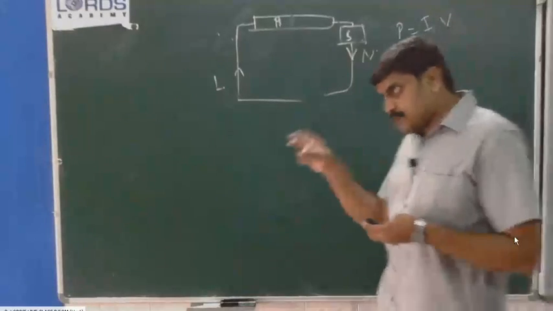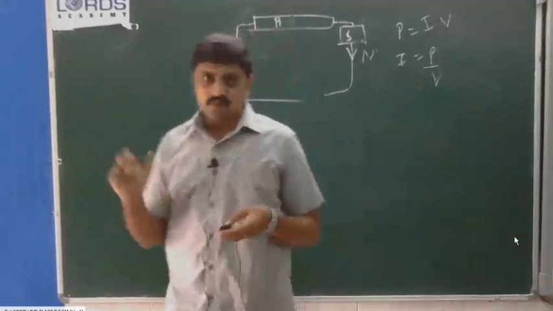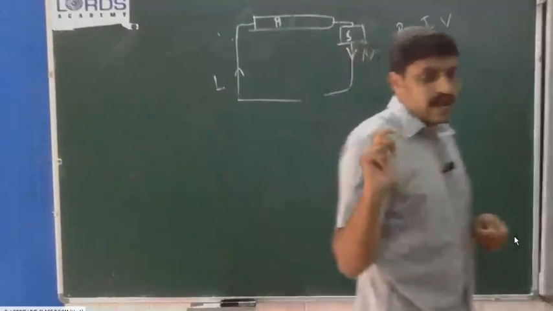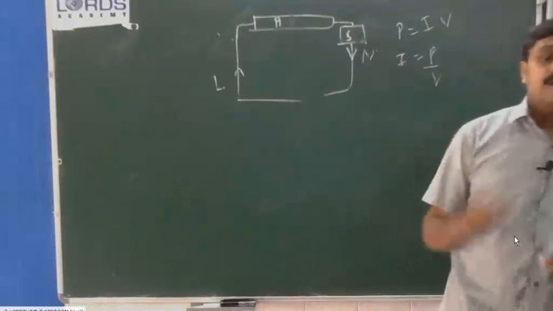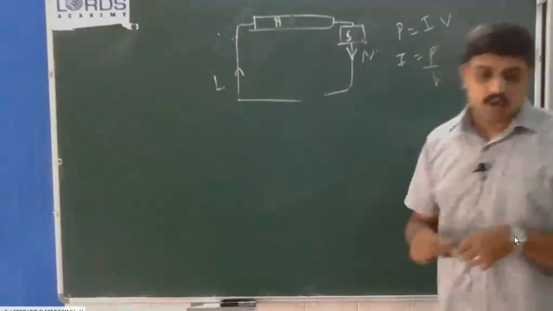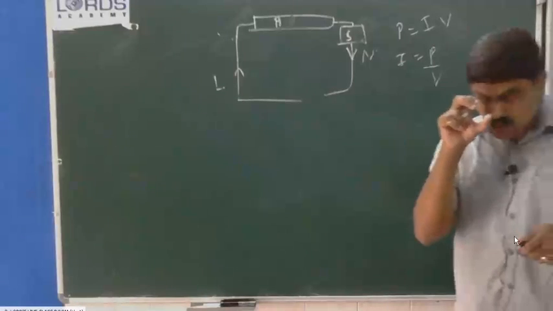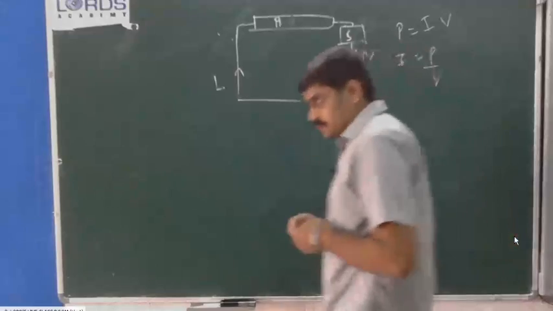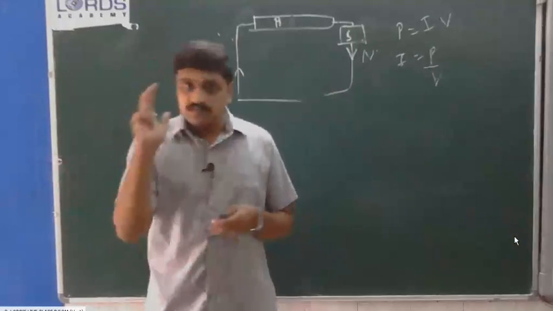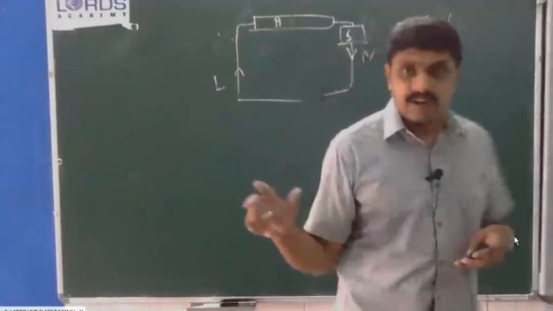We can explain both the switch and the fuse in almost the same way, why they should be connected to the live wire. If it is connected to the neutral line, in both cases the circuit gets disconnected.